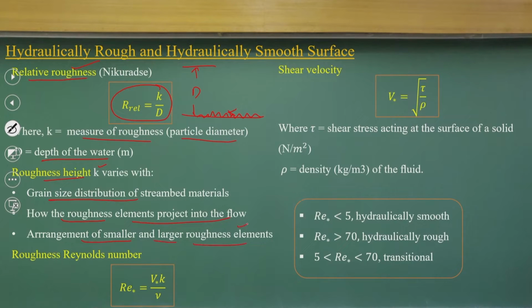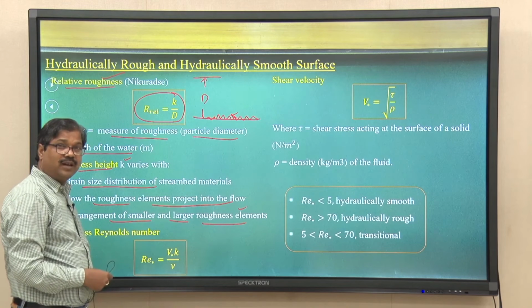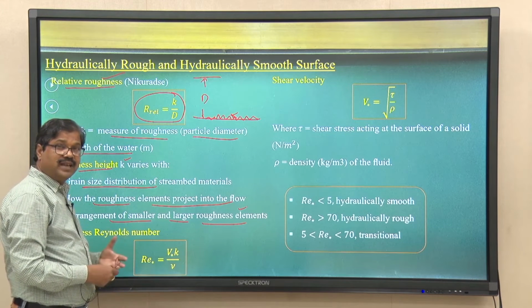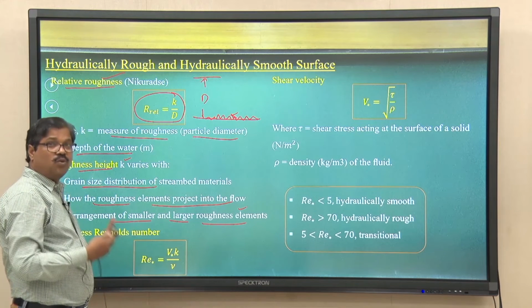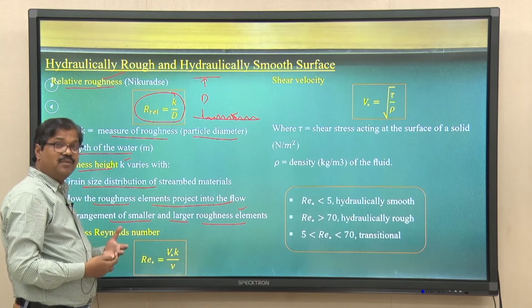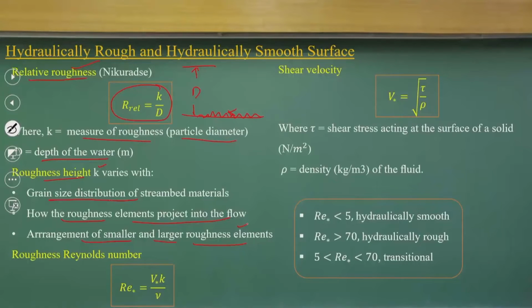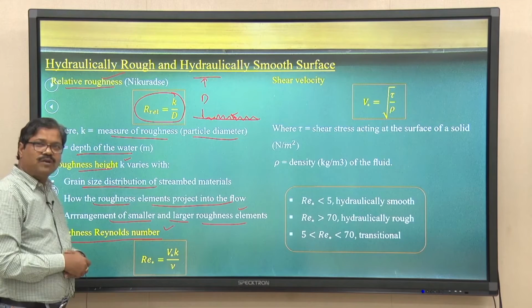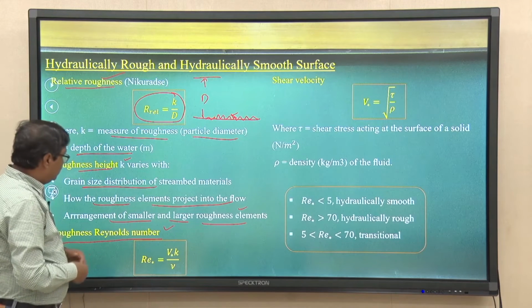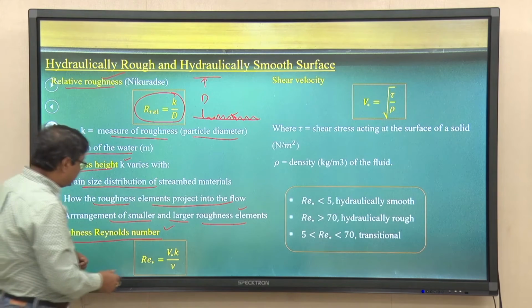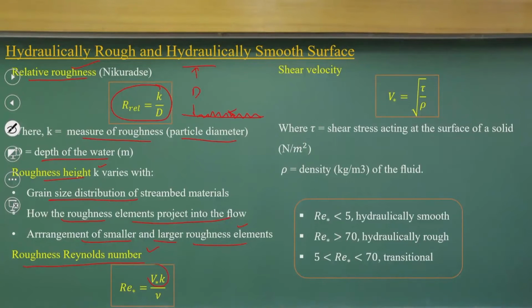As you are all aware, the Reynolds number is a ratio between inertia forces and the viscous force. Using the same two force components, we can define the roughness Reynolds number. Here, the inertia term is replaced with V star, which is the shear velocity.